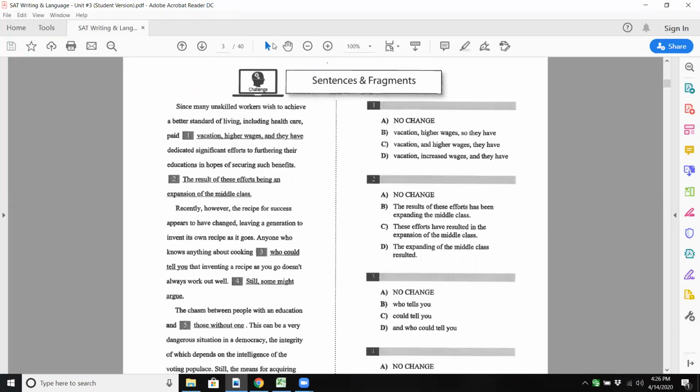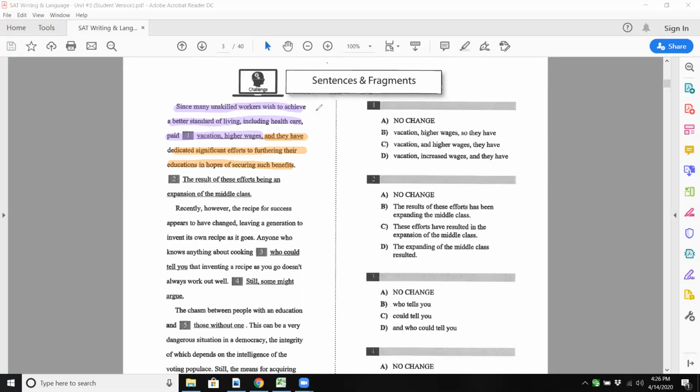So if I get my highlighter out, and then this part here, so in essence, sometimes you look for the commas for a break.